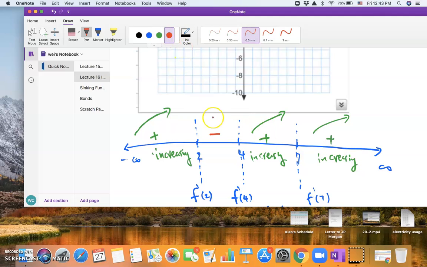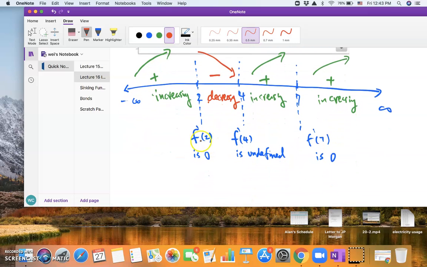And when the derivative is negative, the function is going to be decreasing. And when the derivative is undefined, we're going to have a sharp corner on the graph. And when the derivative is 0, on the graph we have a horizontal tangent line.